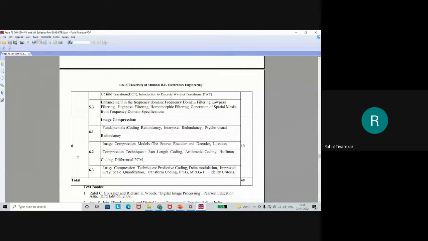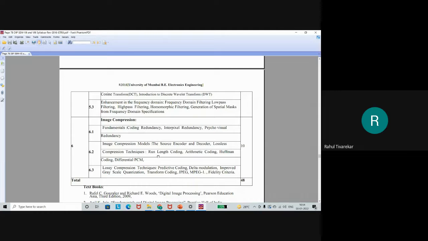The last module, that is the sixth module, is the image compression module, where we'll be learning basically how we can store the image with less amount of storage. Okay, how we can reduce the storage requirement of an image.